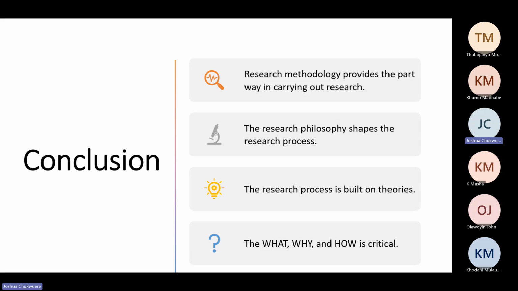So the research methodology is the critical part of your research process. The research philosophy shapes the process. The research process is built on theory, but the what and the why are critical in galvanizing the how, what, how, why you have made your choice.